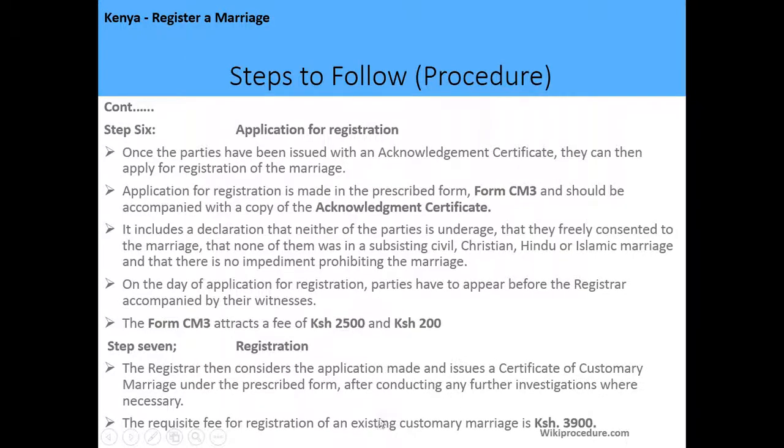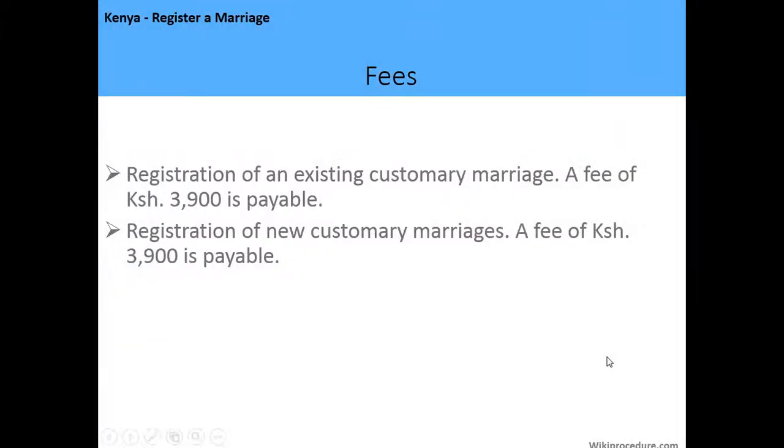Registration is the 7th step, and the registrar then considers the application and issues a certificate of customary marriage under the prescribed form after conducting further investigations where necessary. So the requisite fee for registration of an existing customary marriage is 3,900. So this is for the existing marriages, and the other one is for marriages after 1st of August 2017.